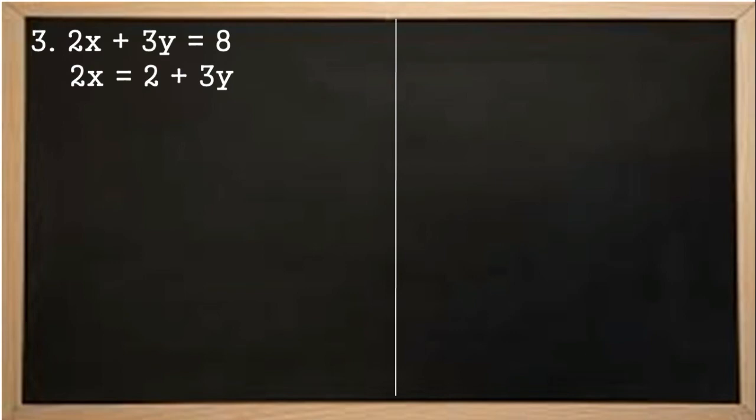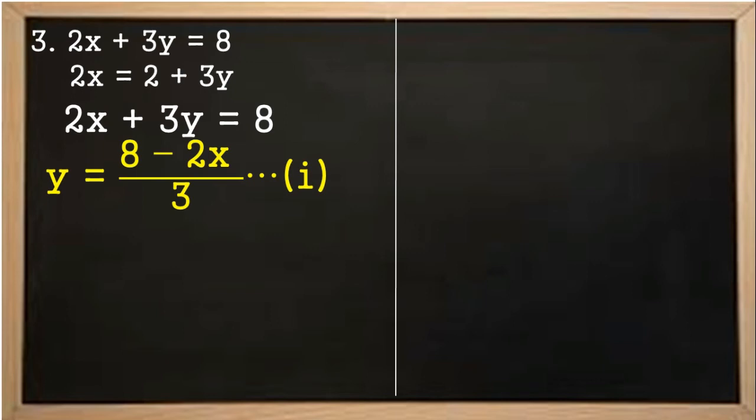Question number 3. 2x plus 3y is equal to 8. 2x is equal to 2 plus 3y. As we have discussed now, let us consider the first equation, 2x plus 3y is equal to 8. Equate the equation for y. That is, y is equal to 8 minus 2x by 3.